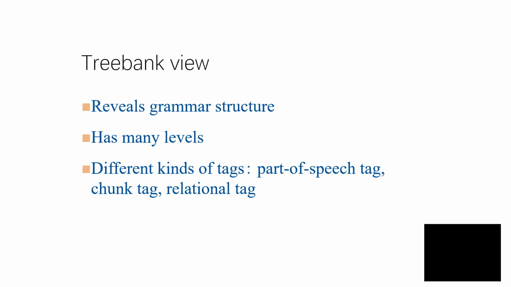This part can be a single word, and it also can be a chunk containing several words. If we have a tag for a single word, it's called a part of speech tag, and we also have a chunk tag, and we also have a relational tag. The relational tag is a supplementary tag to the chunk tag, which can describe the relations between different chunks.